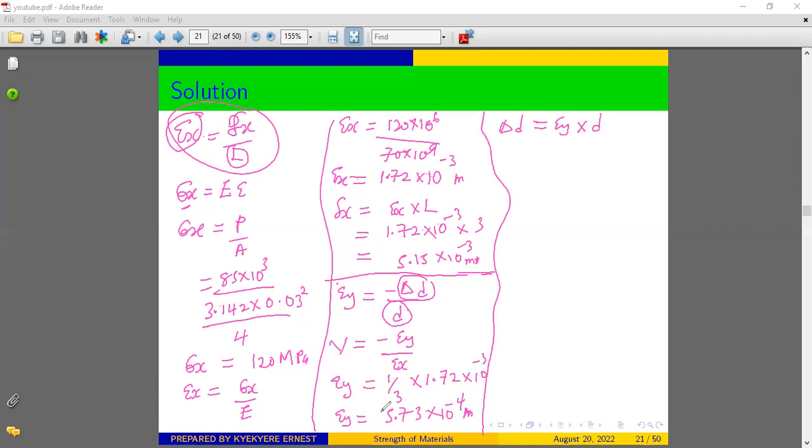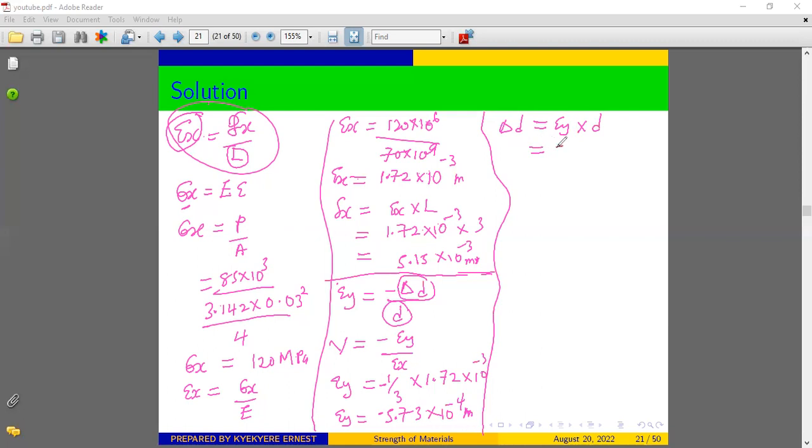The negative will be there because the diameter is decreasing. But in our subsequent calculations, we are not going to use the negative. The negative is just telling us that the diameter will be decreasing.